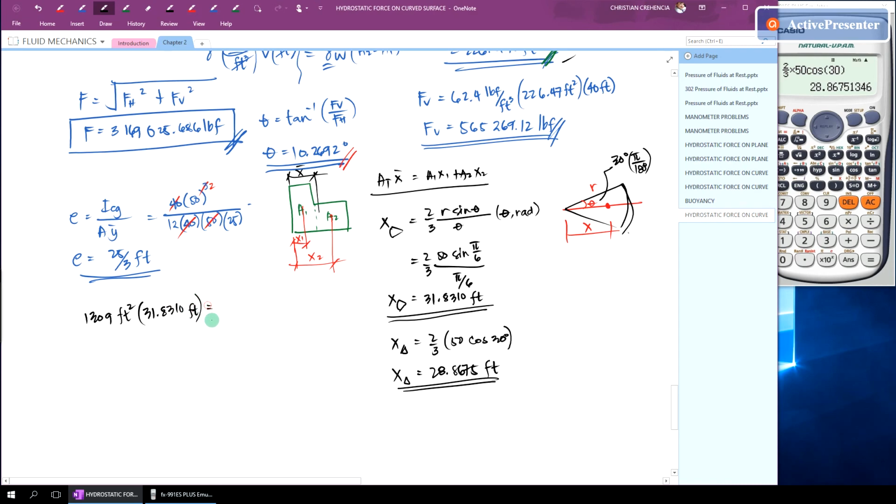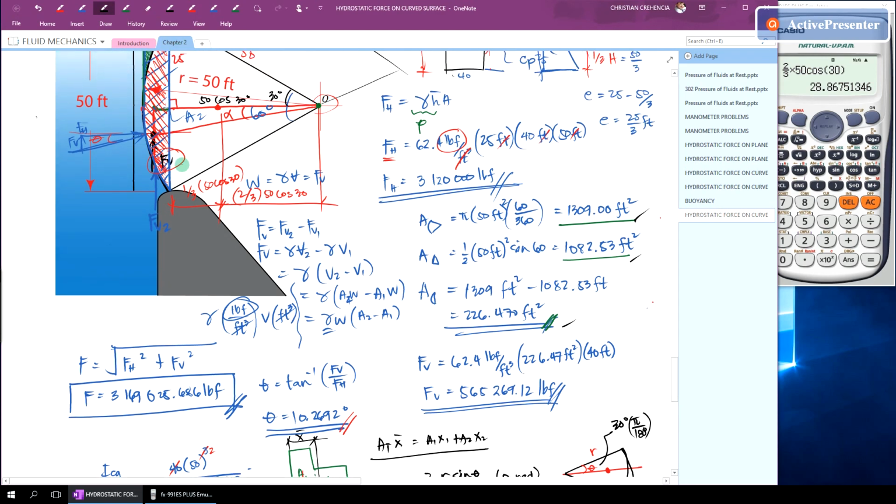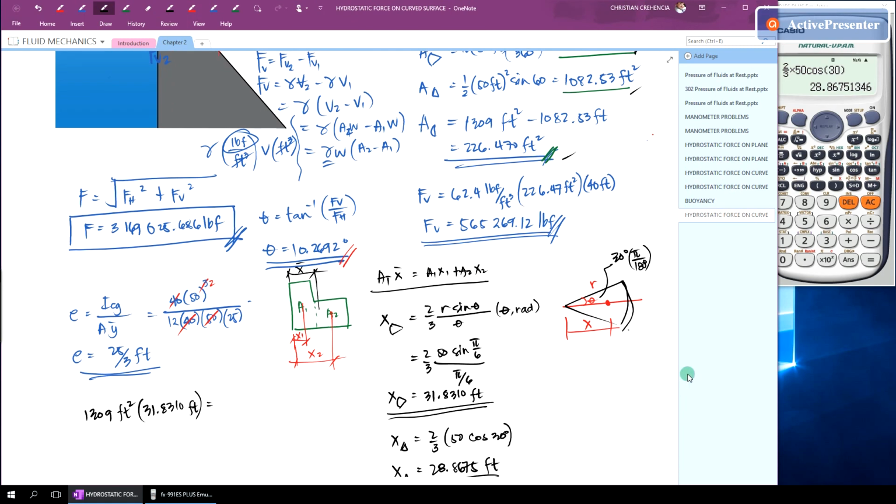That will be equal to the moment of areas of the segment and of the triangle. I'll do the triangle first. The area of the triangle is 1082.53 square feet multiplied by the distance of the centroid of the triangle from point O, 28.8675.